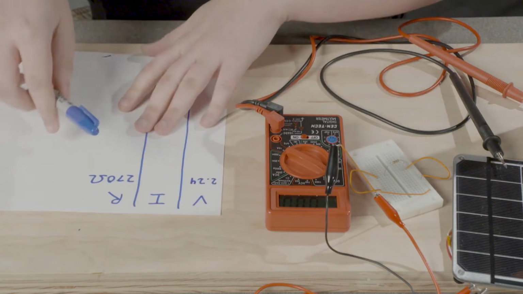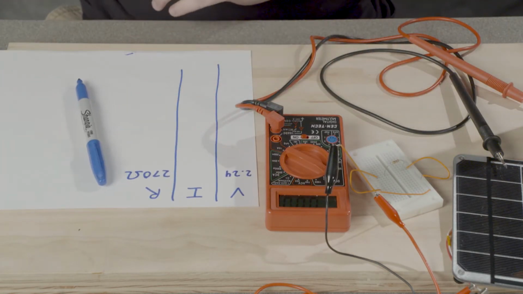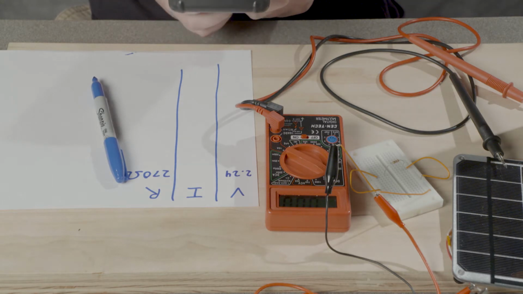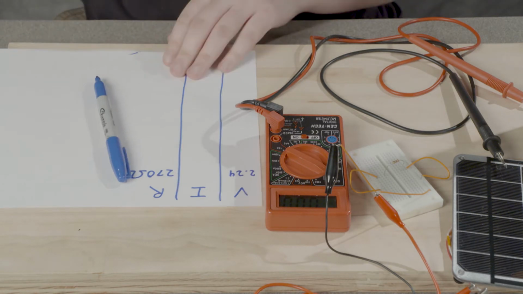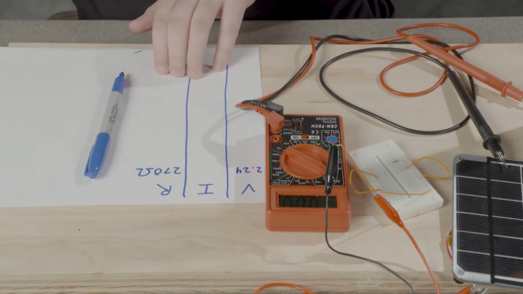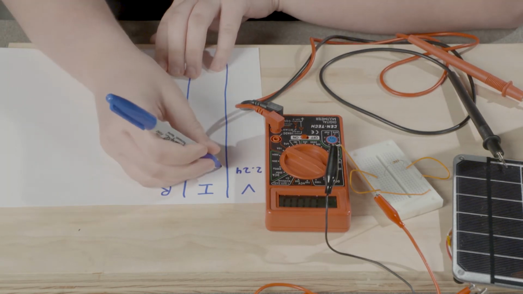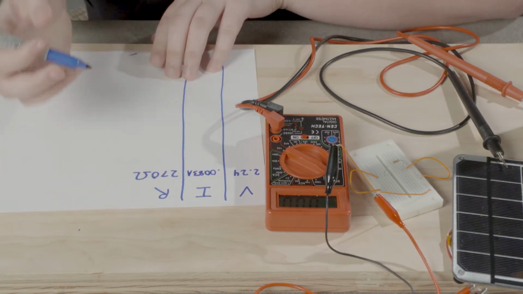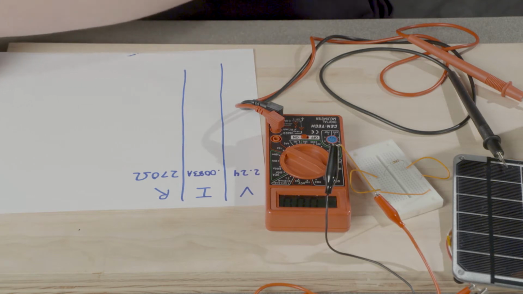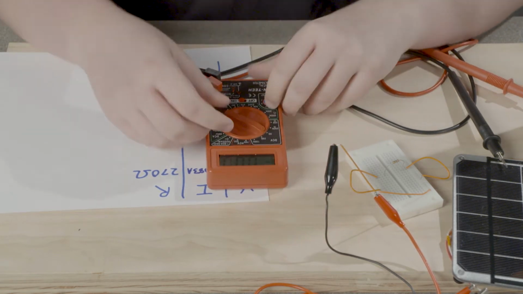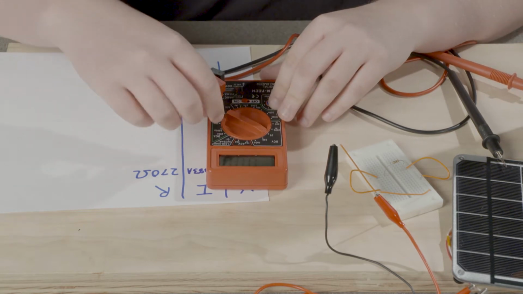And we can calculate current now with V equals IR. So we get 0.083 amps, about 83 milliamps. So you can leave it as that, but we're going to test out every current to make sure we have correct readings.